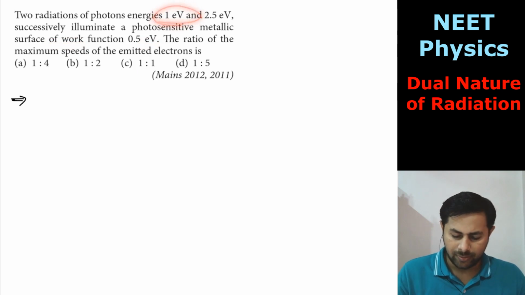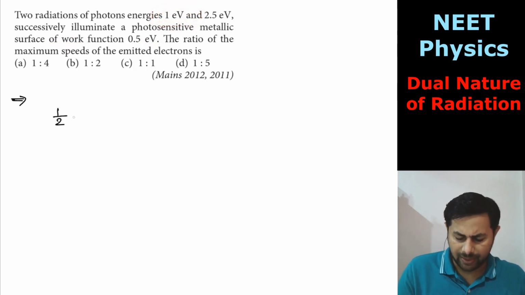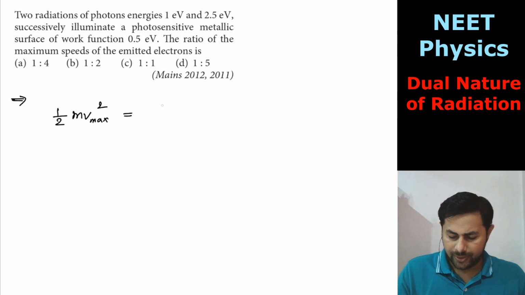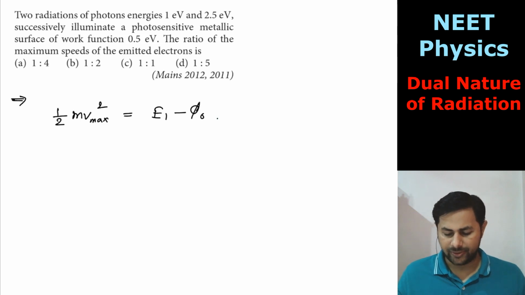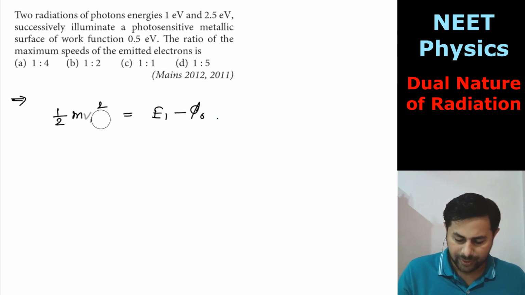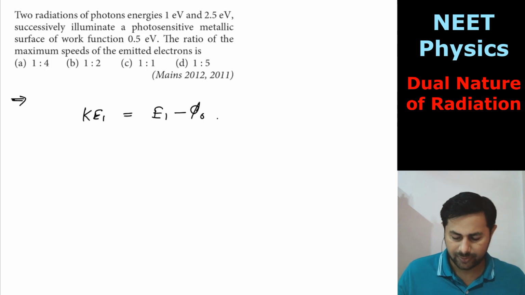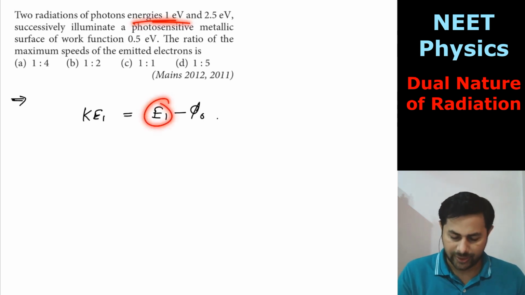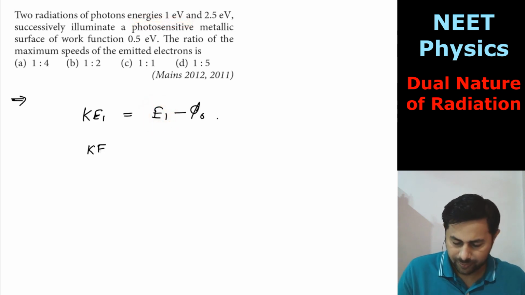So now you have the first case, half m V max square is equal to the energy of photon E1 minus phi naught, and in the second case half m V max square would be equal to E2 minus phi naught, right? So let's say KE1 is equal to E1 minus phi naught, where E1 is the energy of photons, and KE2 is equal to E2 minus phi naught.